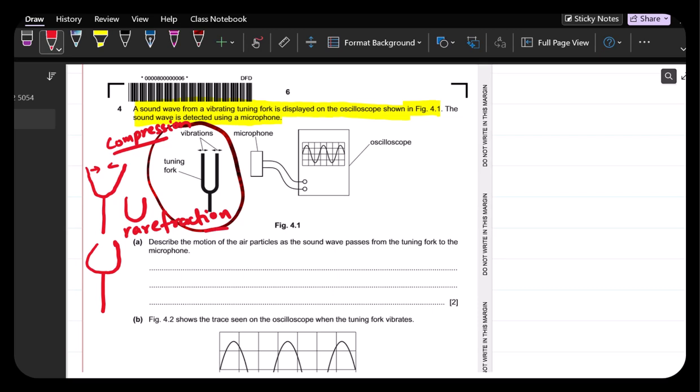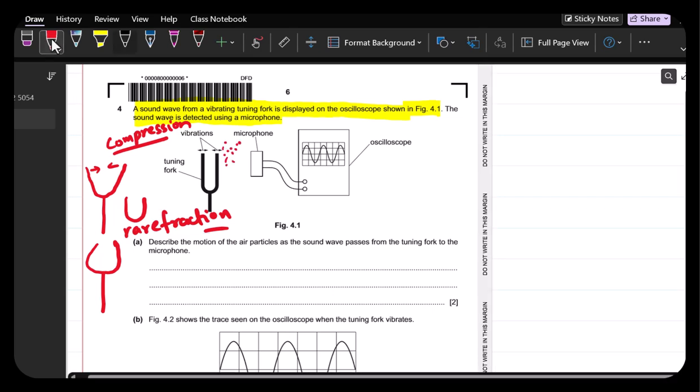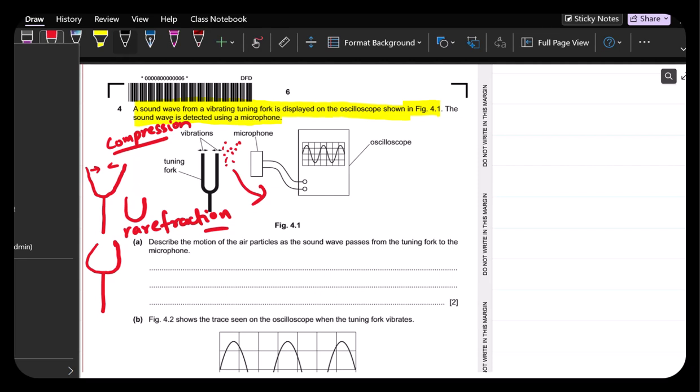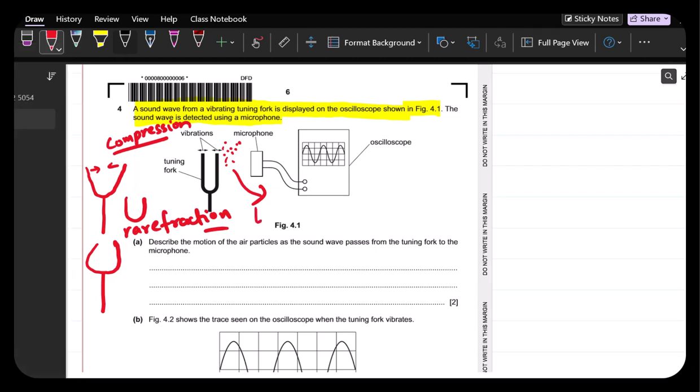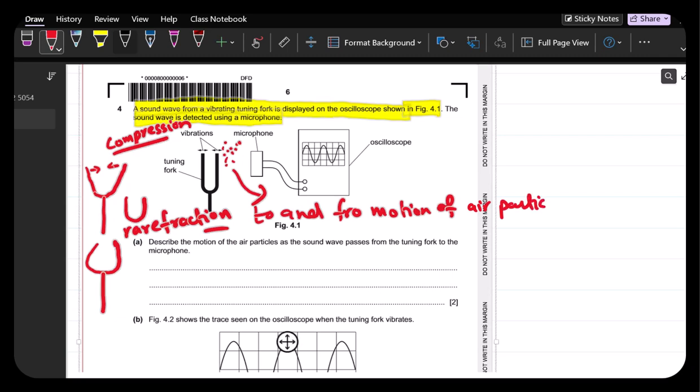So molecules which are in the surrounding of the tuning fork are going to have to and fro motion here, or you can say backward and forward motion of air particles. And as these air particles are detected by a microphone, what happens? A wave is going to be created on the oscilloscope.